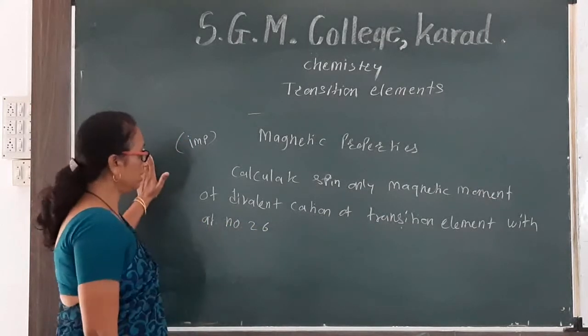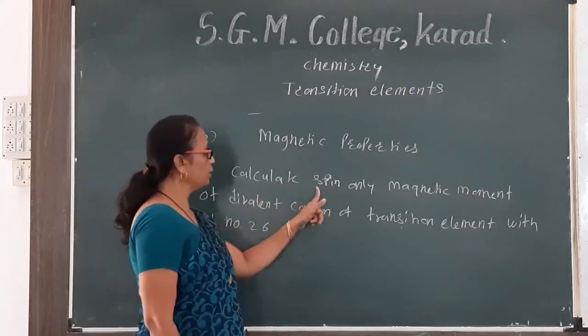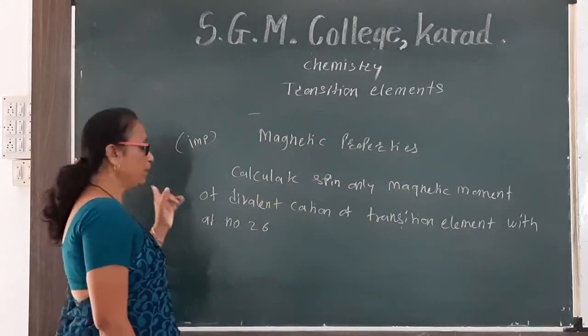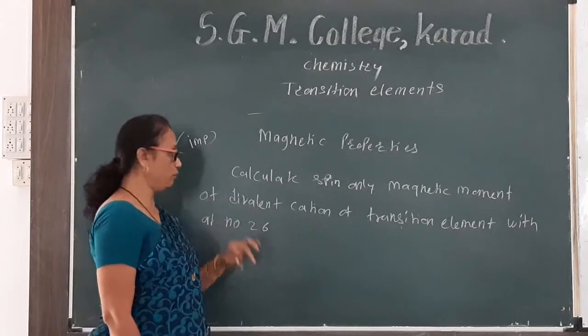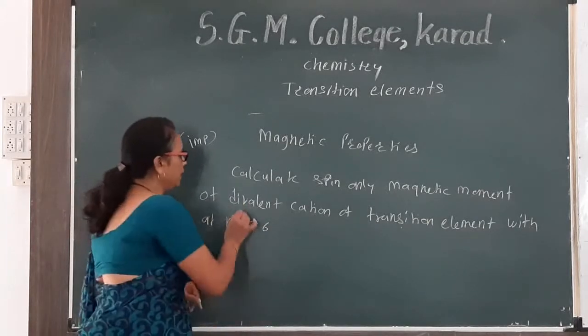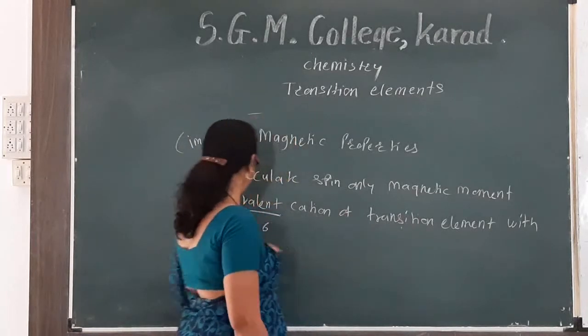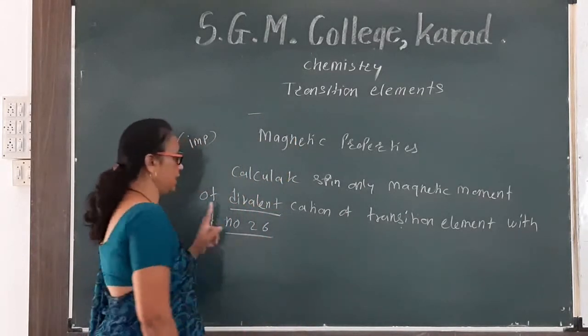We have to see the example again. Calculate spin-only magnetic moment. This formula is mu equal to under root of n into n plus 2, of divalent cation of transition element with atomic number 26.